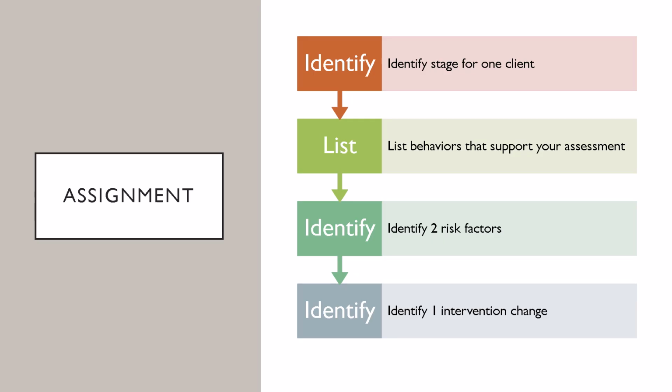And then I want you to identify 1 change that you would make in your intervention approach based on this information. This assignment is designed to help you to move from understanding to application. So take your time with it, be as detailed as possible, pause the video here, and really get into the crux of it.